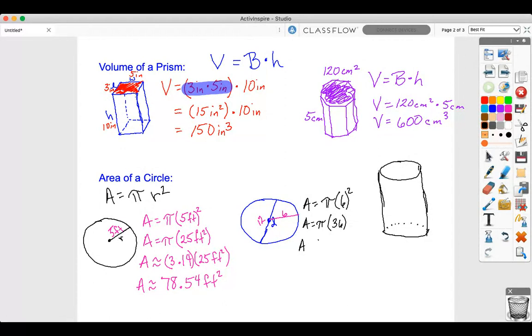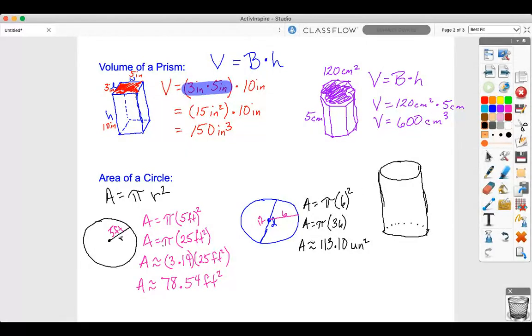Now, once you use your calculator, it stops being equal and it becomes approximately. So it's approximately, and again, I want you to round to 2 decimal places. And this one's going to be weird because the last number is a 0. When we round, it rounds up to 10. So it'll be 113.10, because it was 0.097. And this will be units squared.